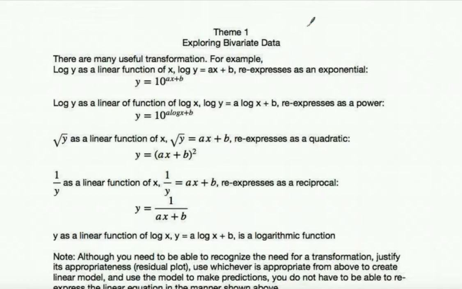So that comes from the fact that if we rewrite a log, like in this case if we had this, our base would be 10. Remember that a logarithm is the inverse of an exponential, so we can go from logarithmic form into exponential form by kind of going in this circle. And so this is how you would get 10 to the ax plus b equals y. So that's where this is coming from.